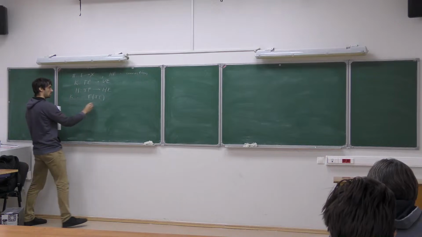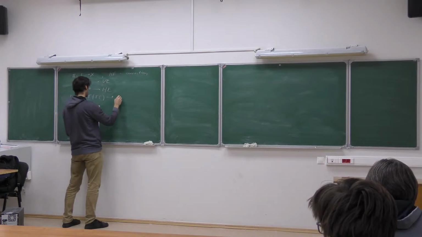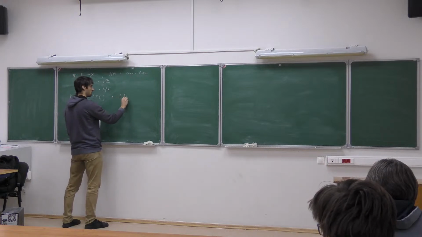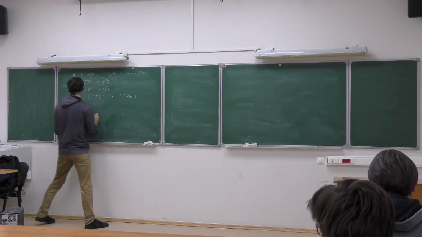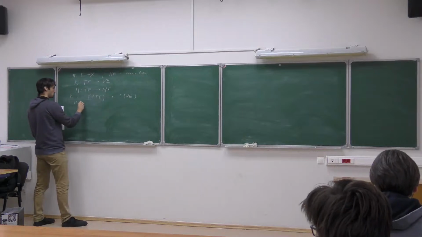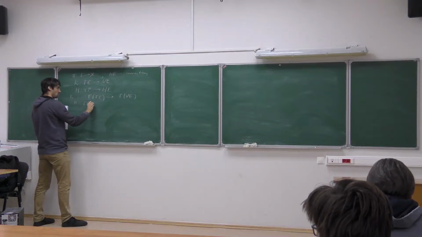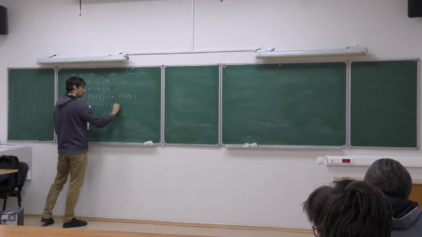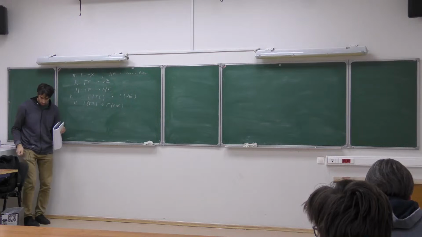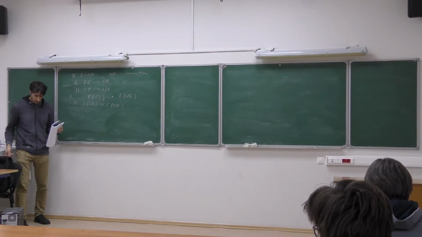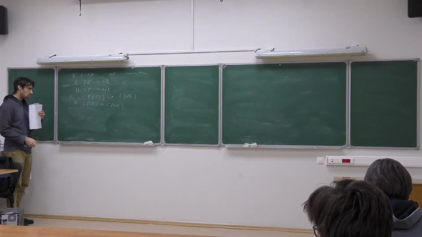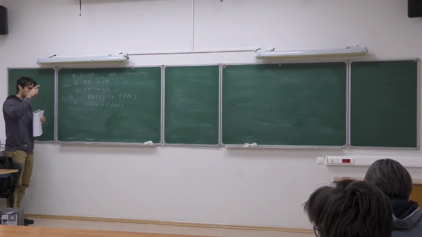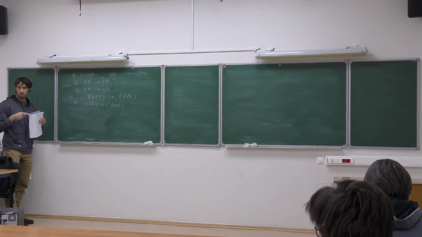Say K gives me a map from sections of TE to sections of VE, and H also gives a similar map to sections of HE. So basically we just take a section, which means a bunch of vectors, and at each fiber we just project to the corresponding subspace. That's it.